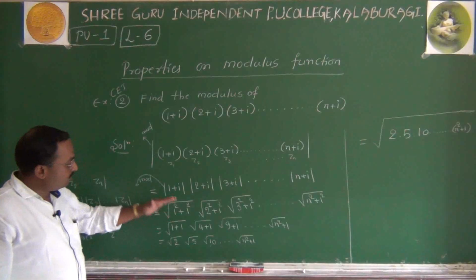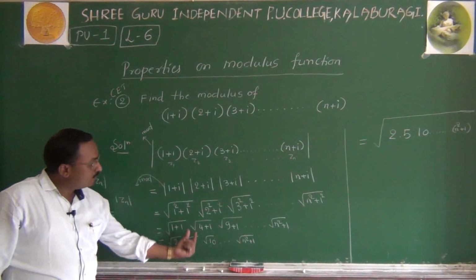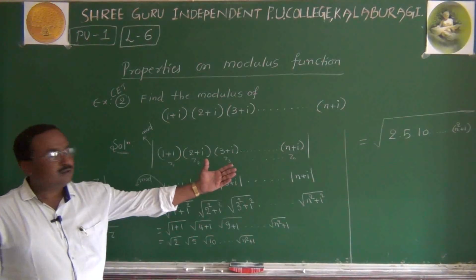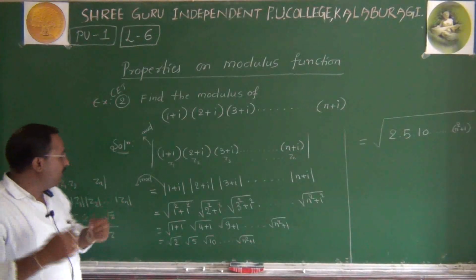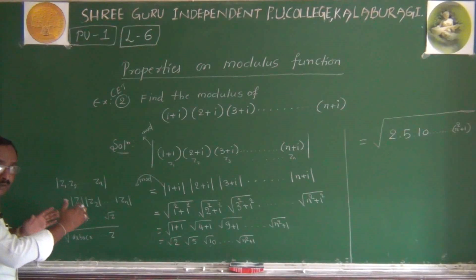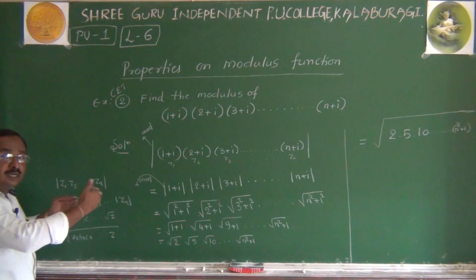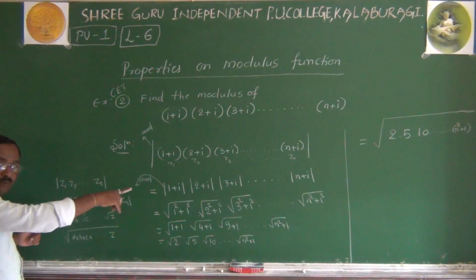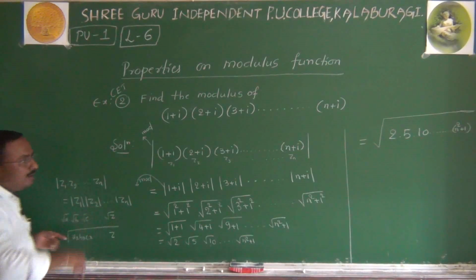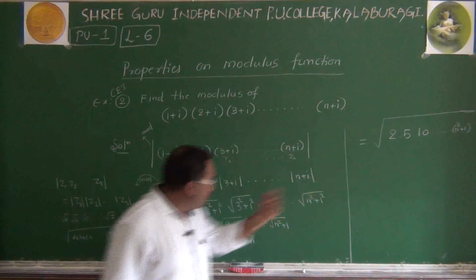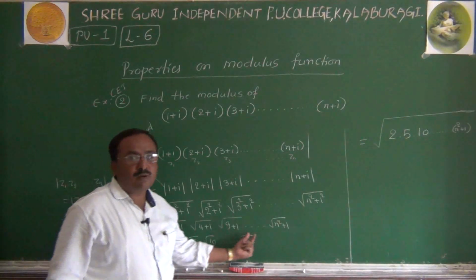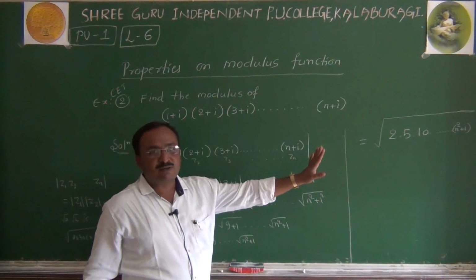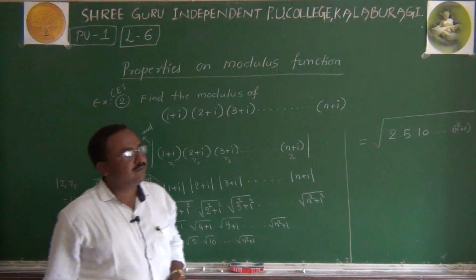If you simplify, root 2, root 5, root 10, up to so on, root n square plus 1. We know root A, root B, root C, up to root Z is at a time root. That is the formula. Here it is 2 into 5 into 10 into up to so on n square plus 1. This is the value.